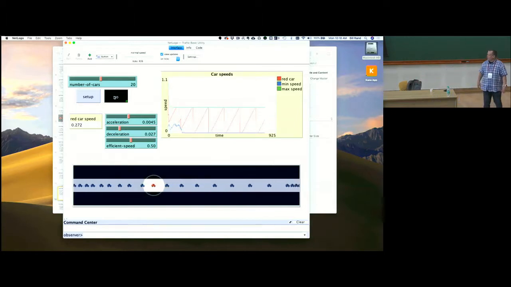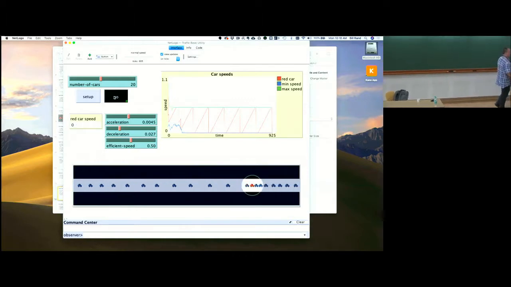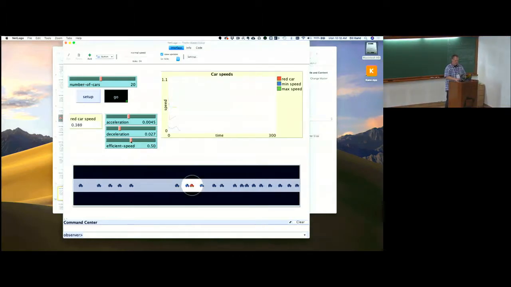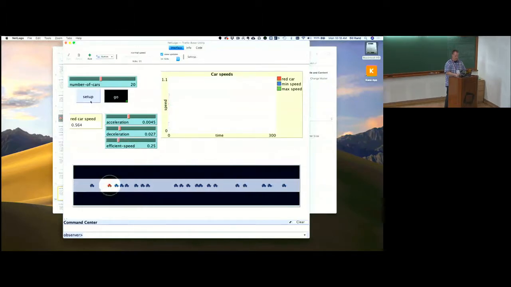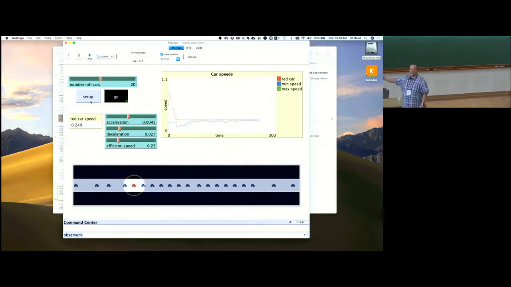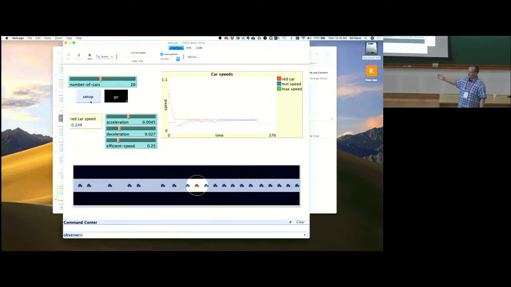Now, in this one, it's not at that, but if we hit setup, sorry, I'm going to have to adjust it first and then hit setup. If we set the speed just right, then essentially everyone can just move at that efficient speed, right?